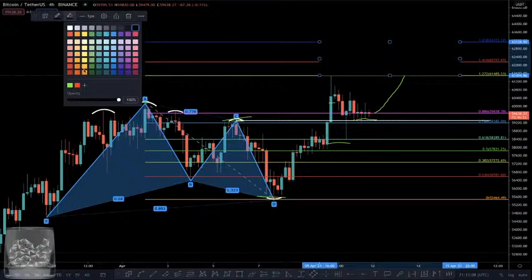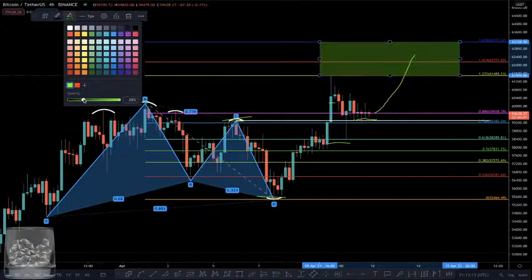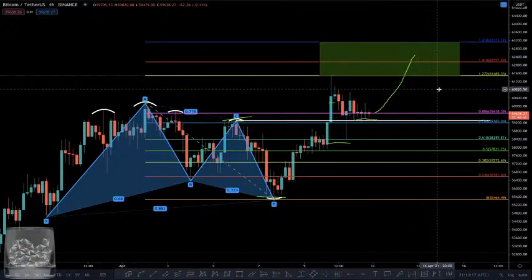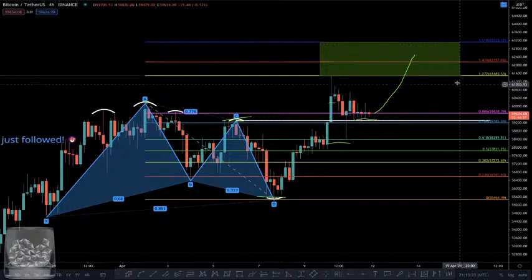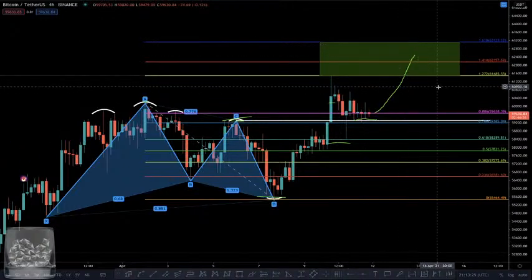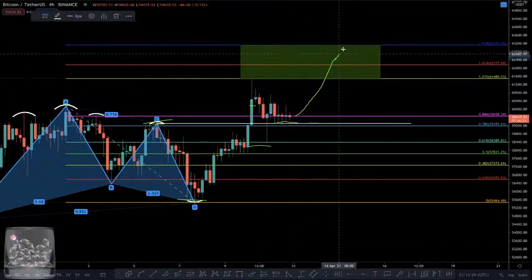Let's make it green and lighten it up. Okay, so basically we're aiming for this area between 61.5 and 63.125.